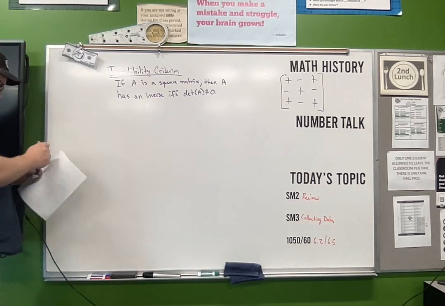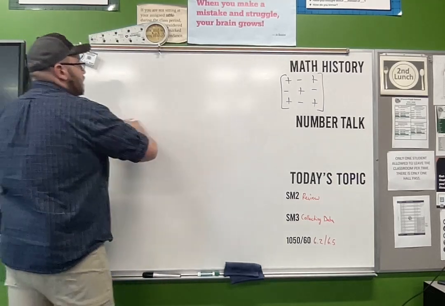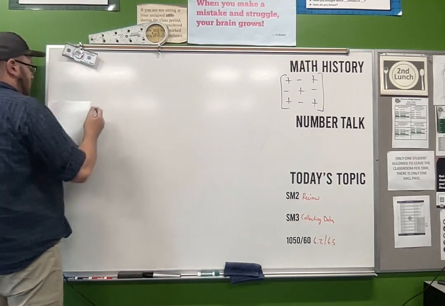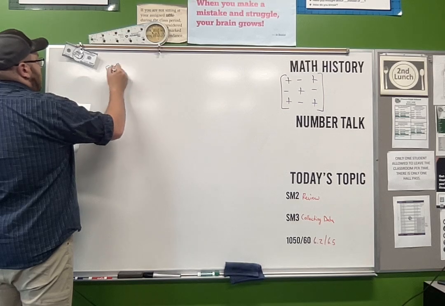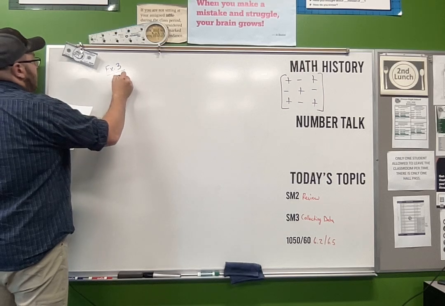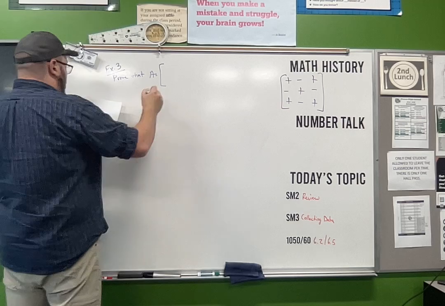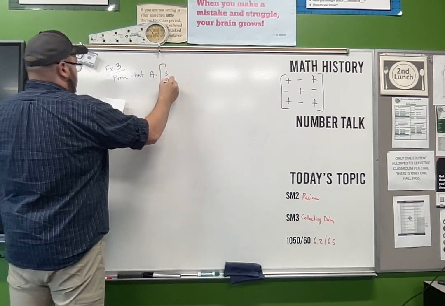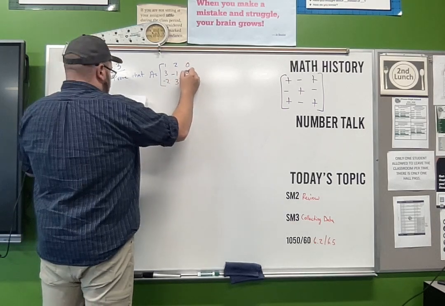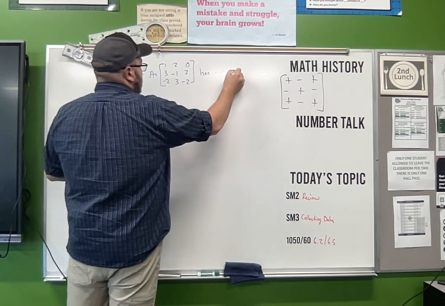All right, so example 3. Prove that A equals matrix column 1, 3, -2, 2, -1, 3, 0, 2, -2 has no inverse.